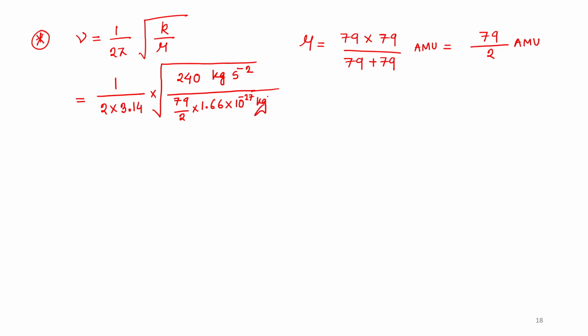So kg and kg I can cancel, and second minus 2 is in the root. So outside the root my unit is going to be second inverse, and that is also known as hertz, so that is obviously my unit of frequency.